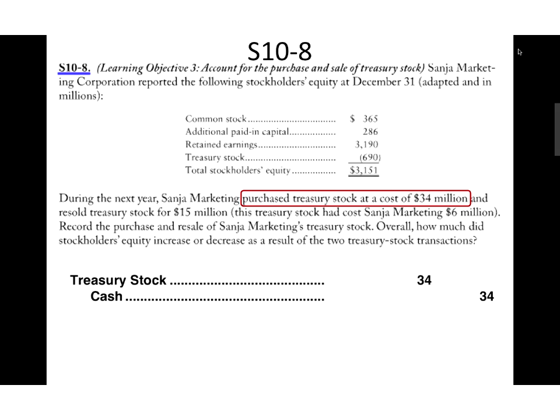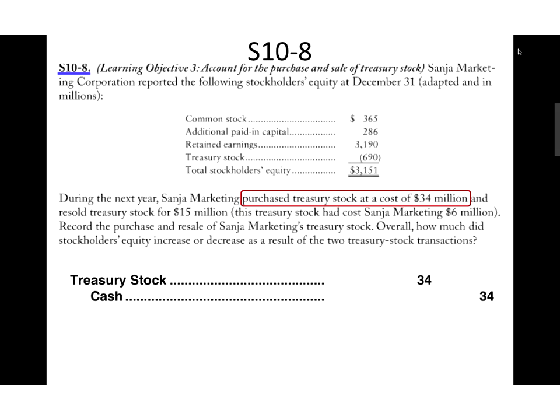So that's the purchase of treasury stock: we always debit treasury stock, credit cash. You need this journal entry written down because we're going to have a question on it coming up, so make sure you're prepared.